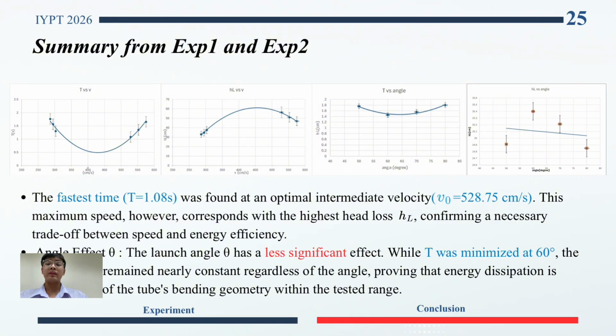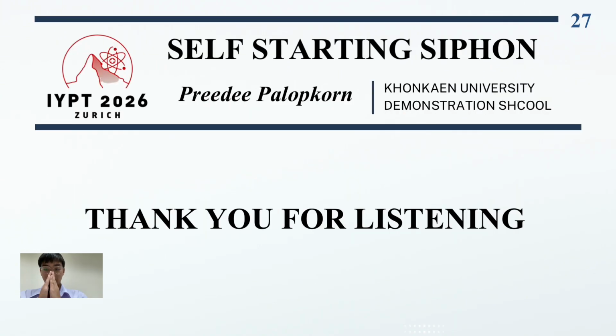This maximum speed confirms the necessary trade-off between speed and energy efficiency, and the angle effects of theta are less significant. T was minimized at 60 degrees, but the HL remained nearly constant regardless of the angles. This is the conclusion. Thank you for your attention.